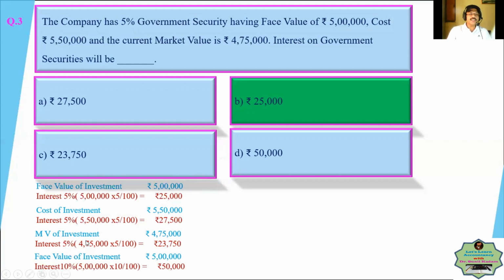It is calculated on the face value, but a wrong percentage, 10%, was taken. That's why it is 50,000. Hence, it is incorrect.